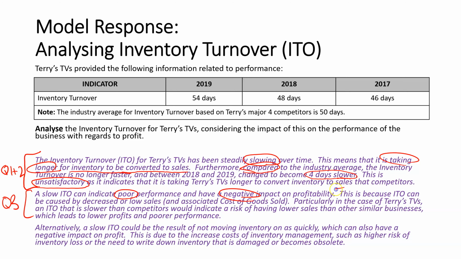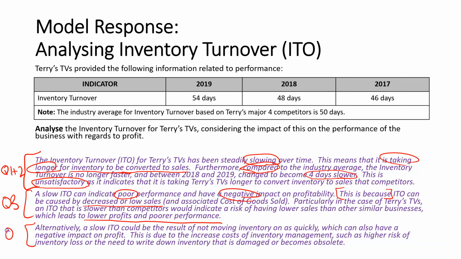I'm then explaining why, and you can tell because I'm using that sentence starter of this is because, or the reason why is. And I'm giving reasons why the ITO might be slowing down. It could be because of decreased low sales. And then I'm making a connection to low profits or poor performance.